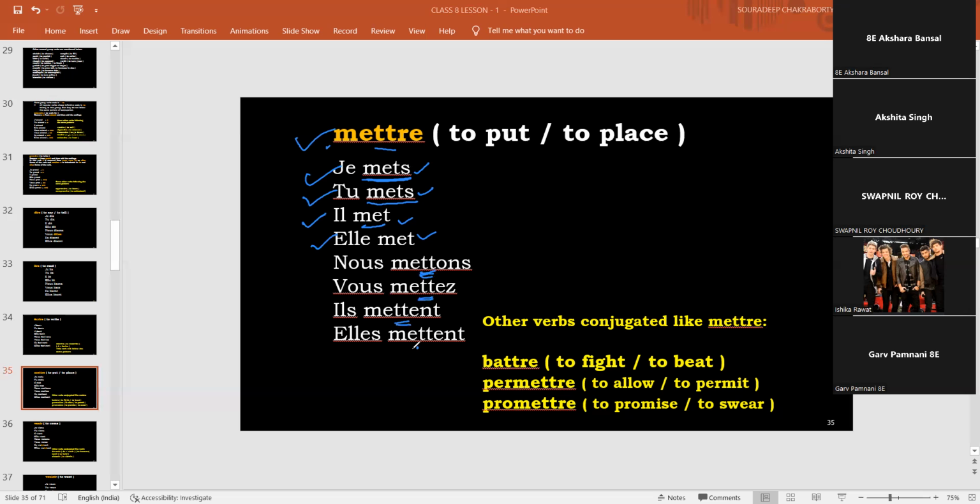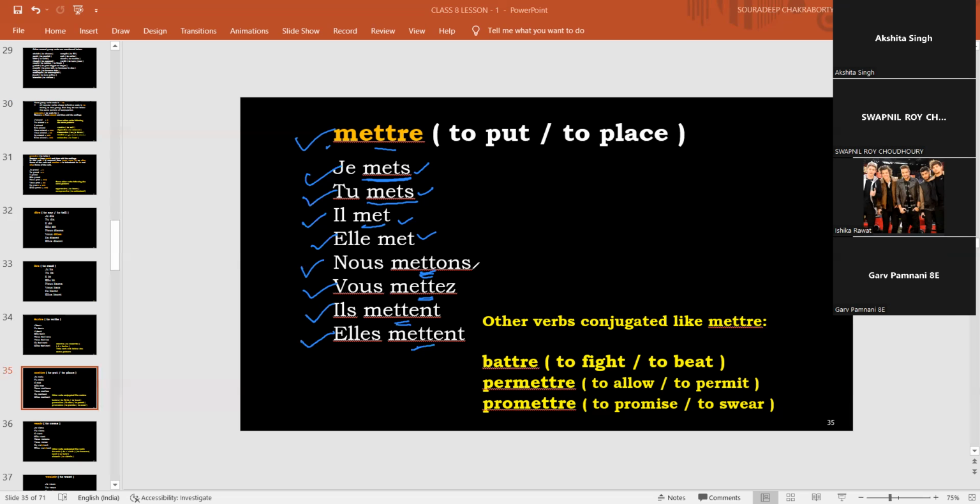First, second, and third person plural, we are adding double T. Nous mettons, vous mettez, ils mettent, elles mettent.